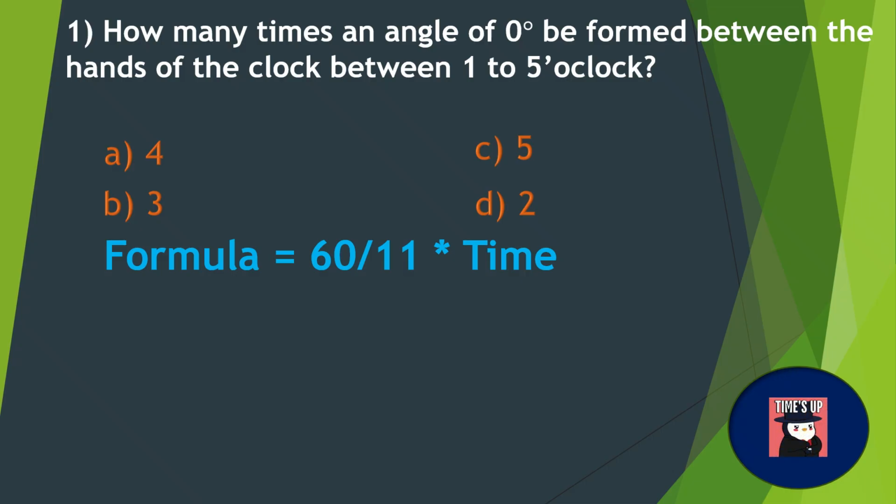Time up. As we know that in 1 hour, how many times 0 degree angle is formed? In 1 hour, one time 0 degree angle is formed. Correct?